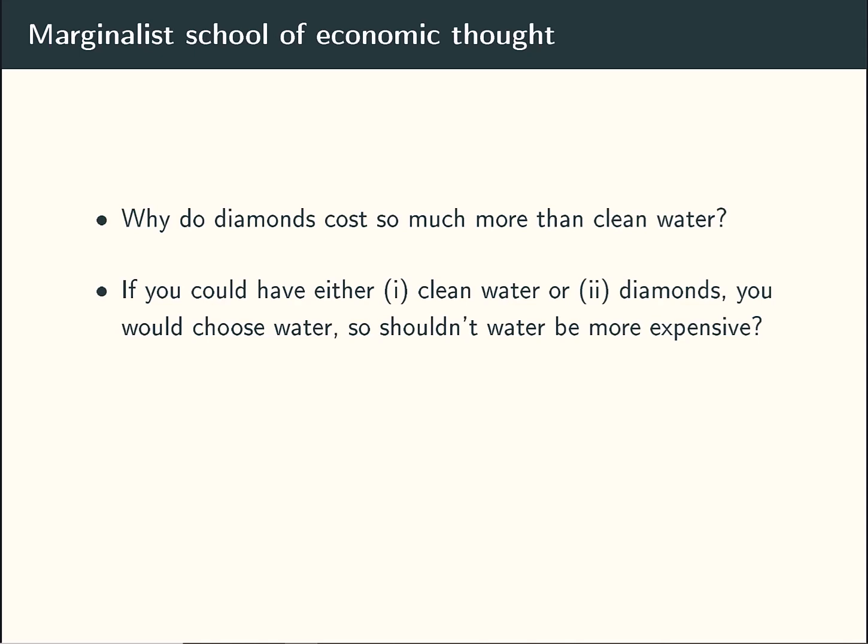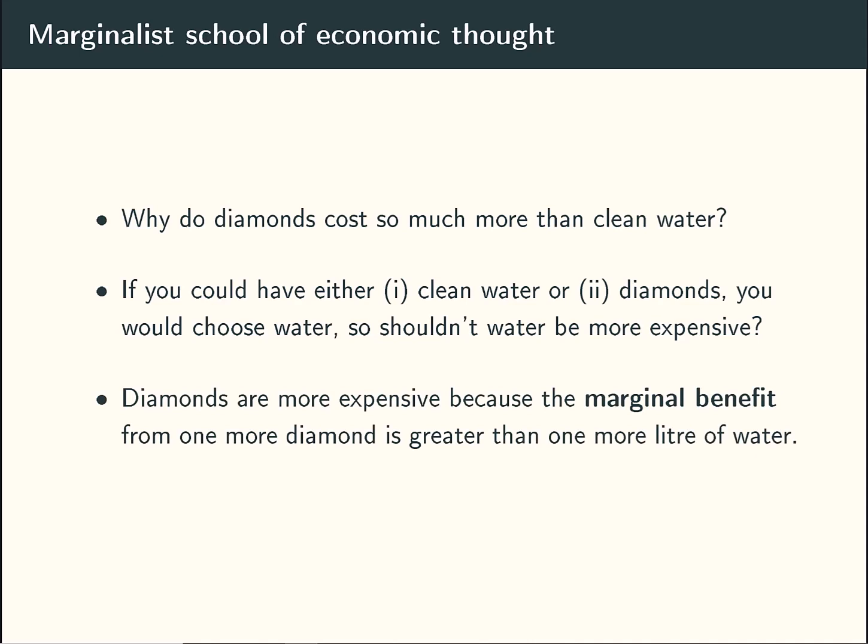The marginal school of thought came along and said, no, water should not be more expensive. The reason diamonds are more expensive is because the marginal benefit from one more diamond is greater than the marginal benefit from one more liter of water. Many people already have a sufficient amount of water for their daily needs, so they don't really value an extra liter of water very much.